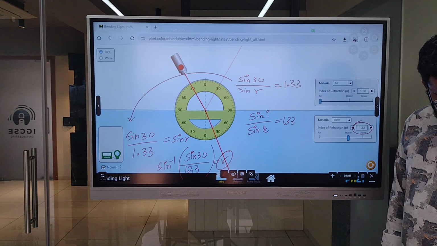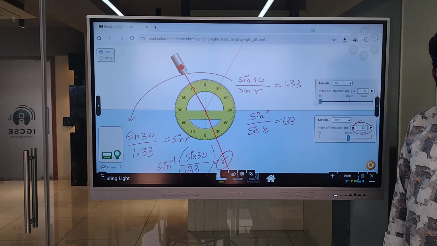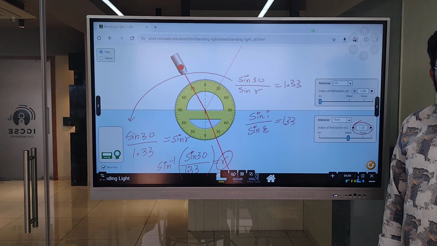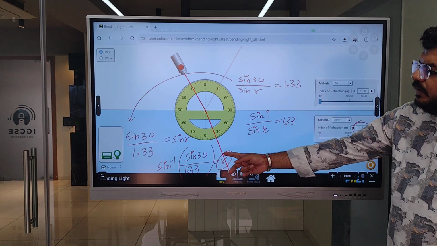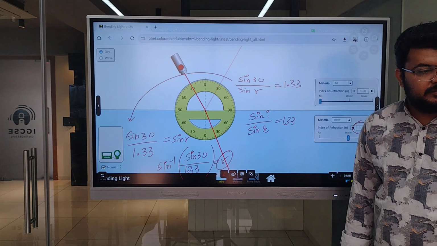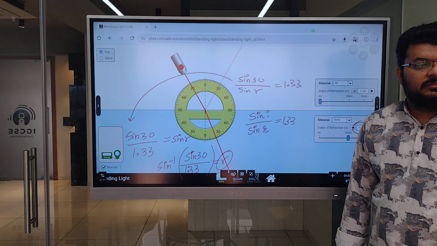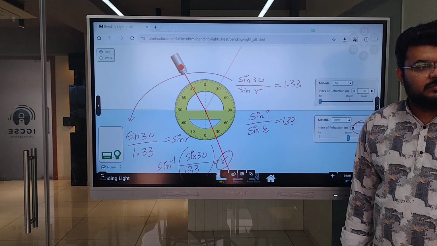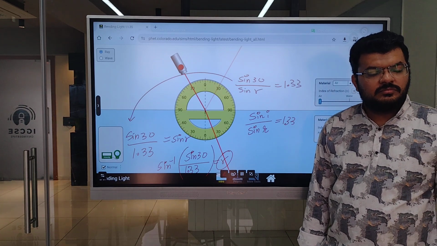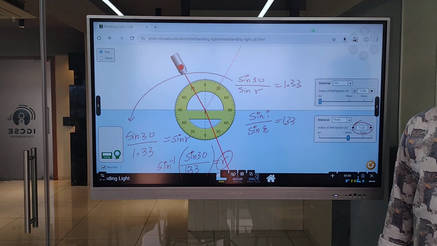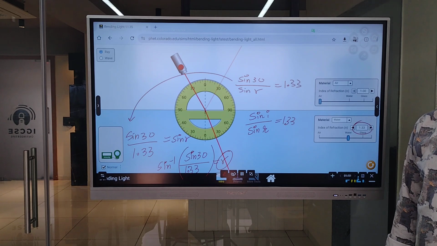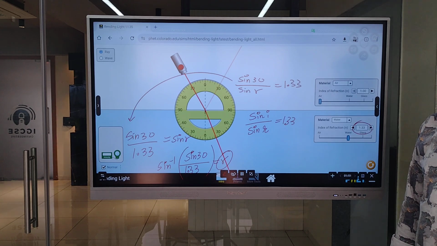Syntax around. First you find out sine 30 by 1.33. Which is? 0.37.